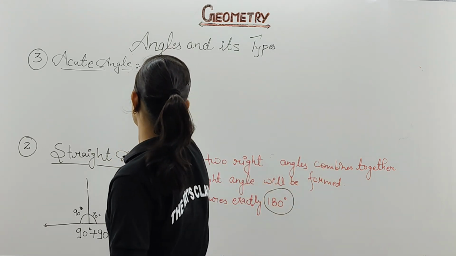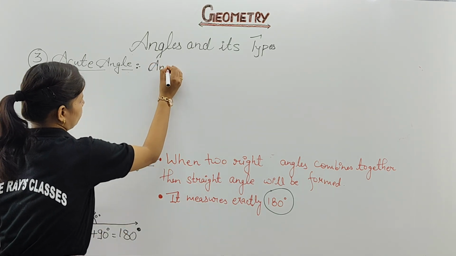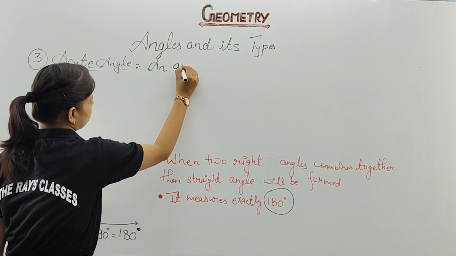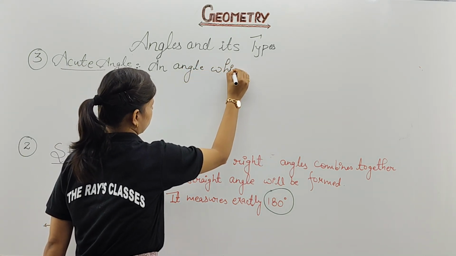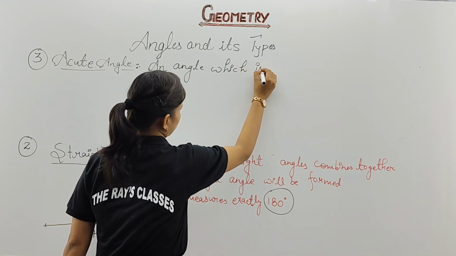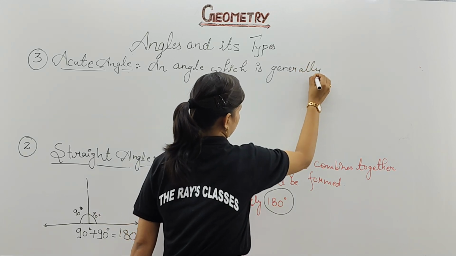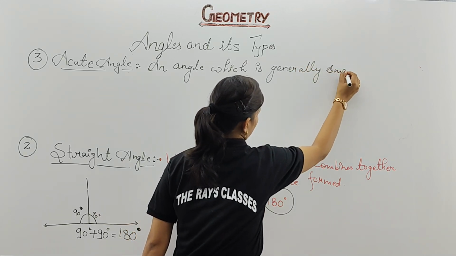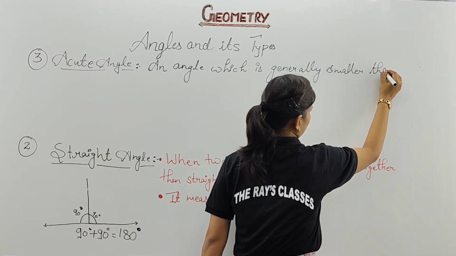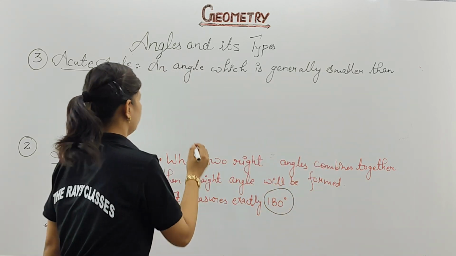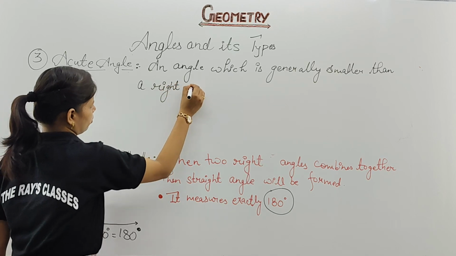An angle, you can write an angle which is generally smaller than a right angle is called acute angle.